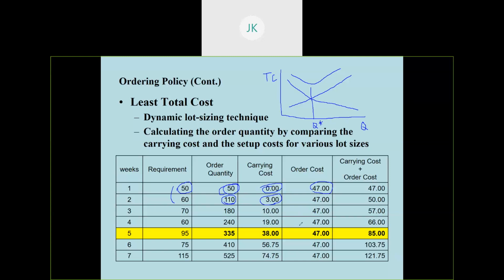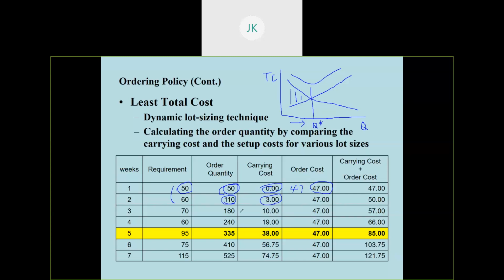So the difference between order cost and carrying cost, on this graph, decreases when we increase order quantity. So the difference is 47, order cost minus carrying cost.